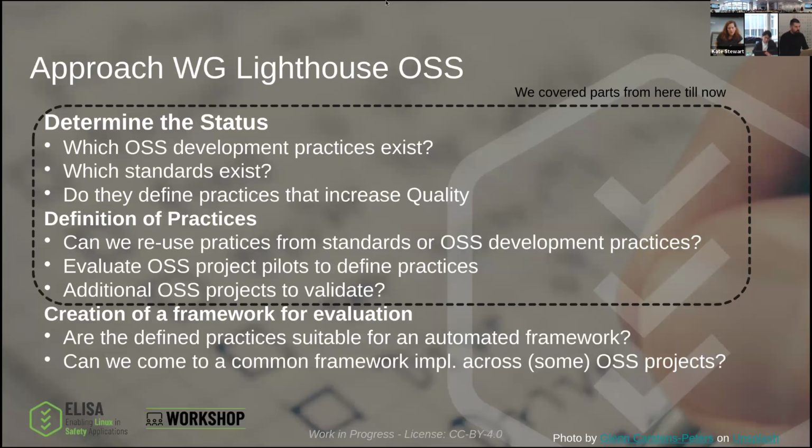And this is where I will introduce later the evaluation of Yocto and Xen. And once this is done, we want to create a framework, but this is not worked on yet. So we are roughly lingering between determining the status and the definition of the practices. And as usual, iterative work.